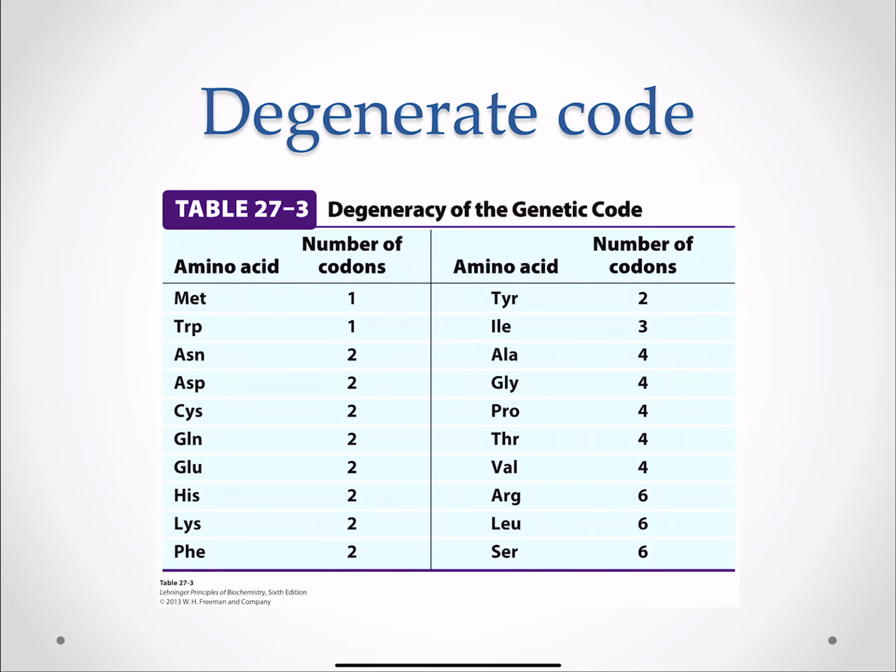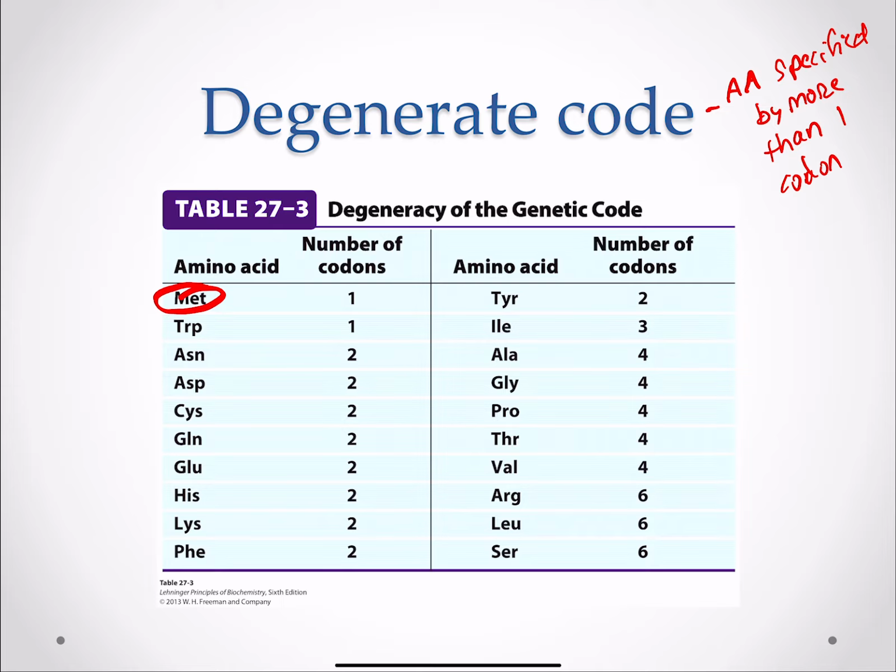Now, the code is said to be degenerate because an amino acid can be specified by more than one codon. And that is shown here in this table, in which you have methionine, which is, of course, the start codon.